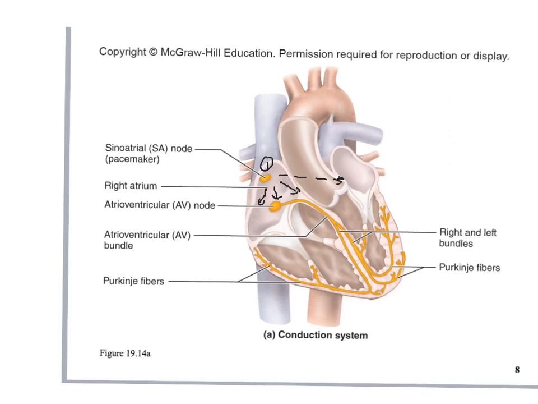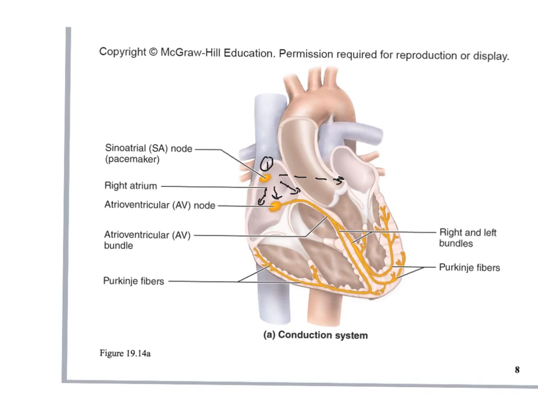So when the sinoatrial node, the SA node, fires, the atria start to contract. Now that electrical impulse reaches the atrioventricular node, and these nodal cells are lazy. They don't like to get up in the morning. They don't like to fire right away. So there's a slight delay.